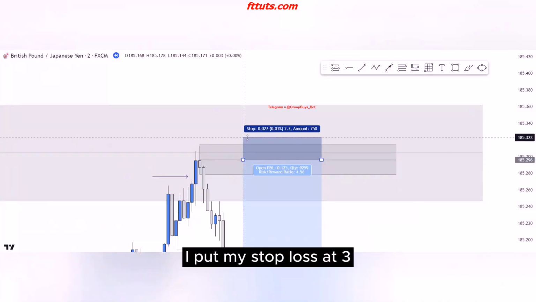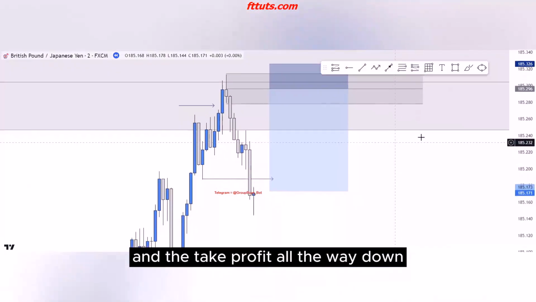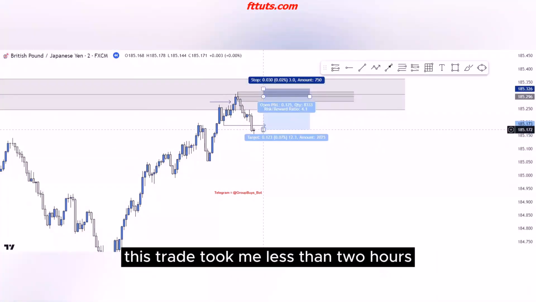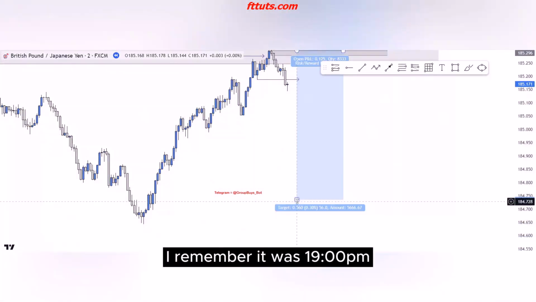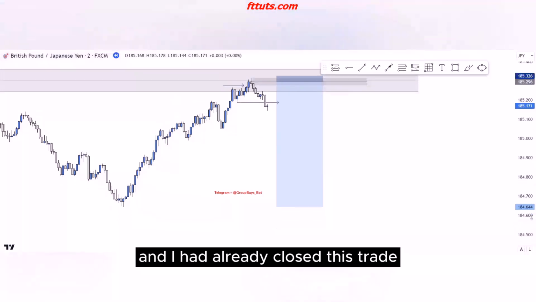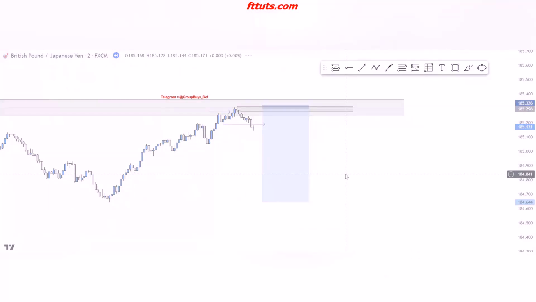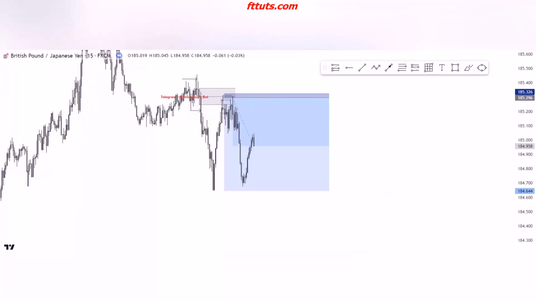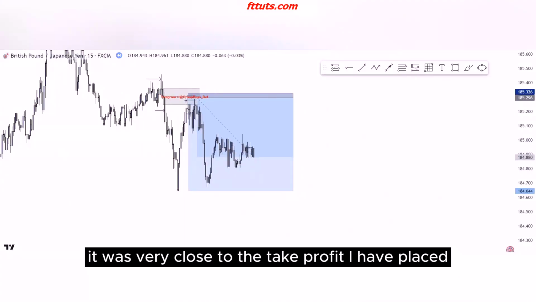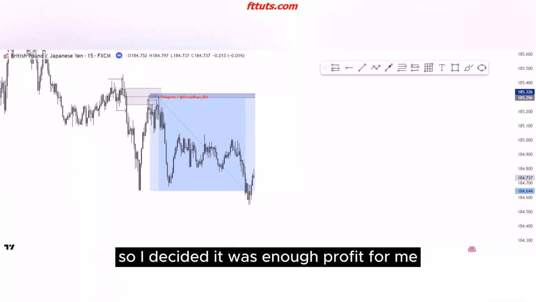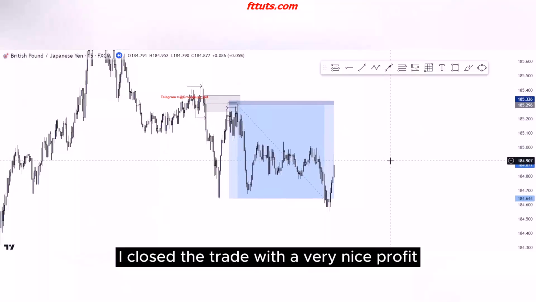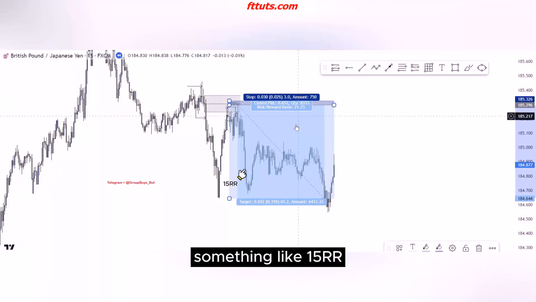I put my stop loss at 3 and the take profit all the way down. This trade took me less than 2 hours. I remember it was 7 p.m. and I had already closed this trade. It was very close to the take profit I had placed, so I decided it was enough profit for me. I closed the trade with a very nice profit, something like $15.